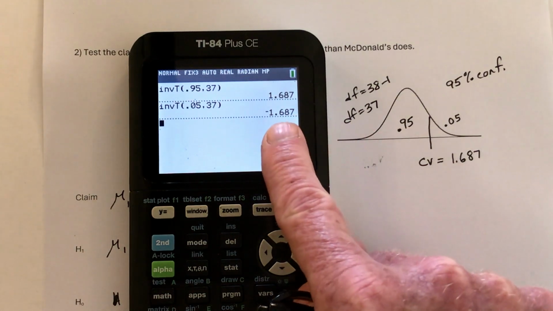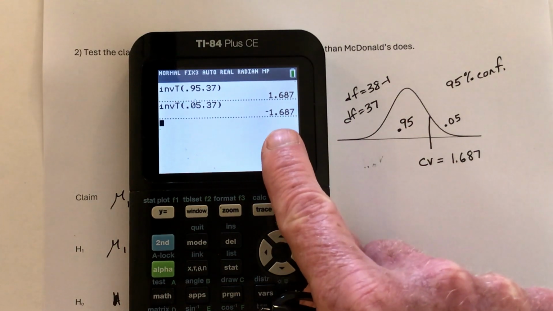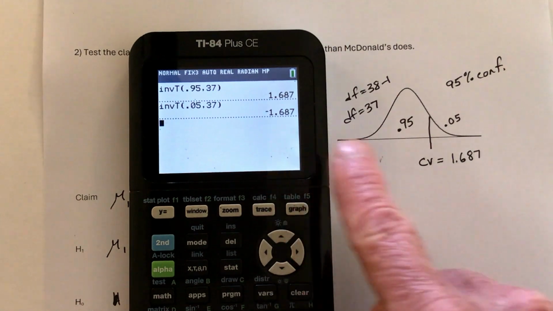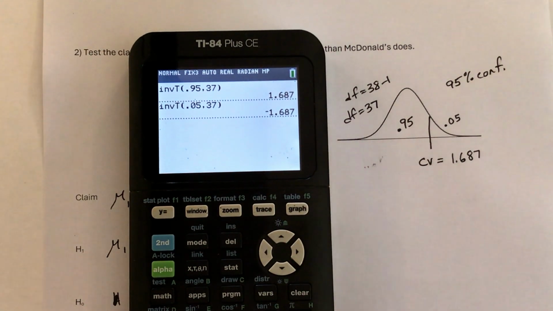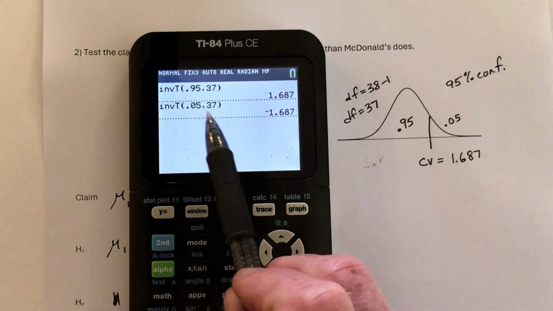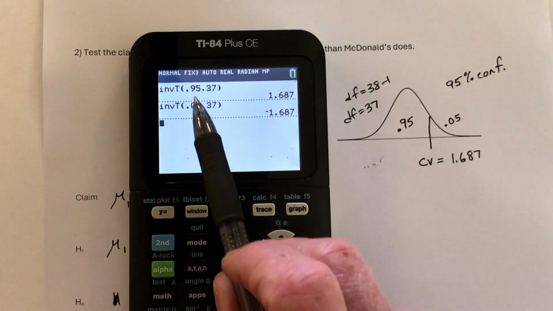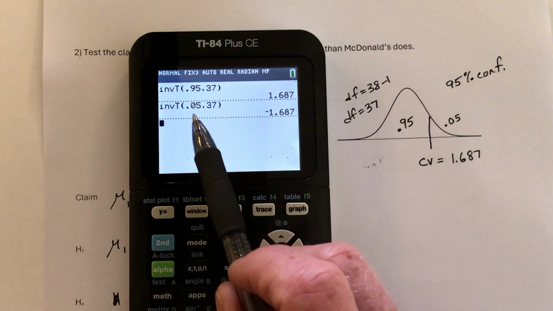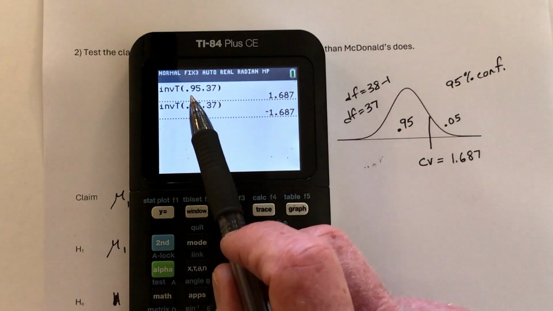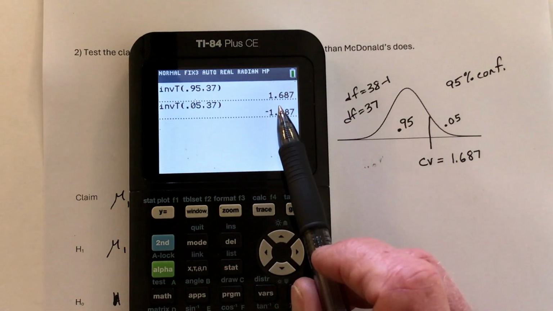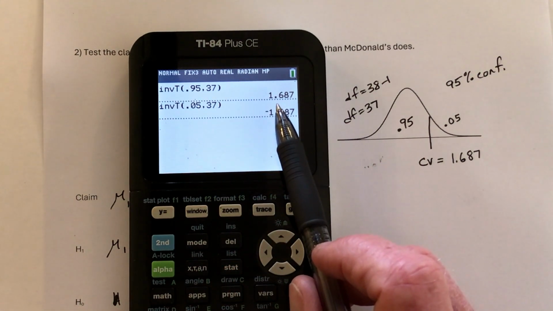So if that happened to me, then I would just say, oh calculator, looks like you made a mistake, because that's supposed to be a positive 1.687. But what's happening is the way that TI programmed this calculator, whatever number you put right here for the area is actually what's on the left. So on the left side was the 0.95. That's why it gave me the correct 1.687.